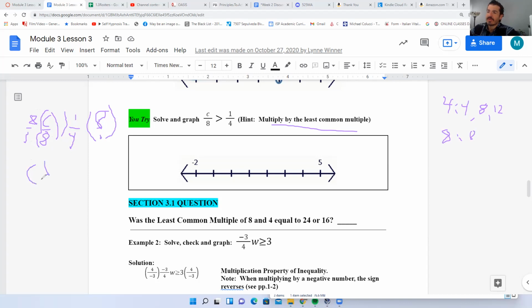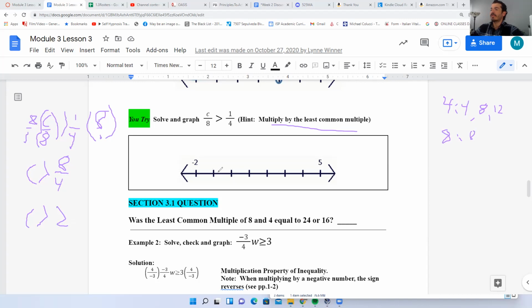This is greater than, when I'm multiplying fractions, I'm going to multiply my numerators, 8, and my denominators, 4 times 1 is 4. And I'm left with 8 over 4, which is the same thing as 8 divided by 4, which I know to be 2. So I have c is greater than 2.